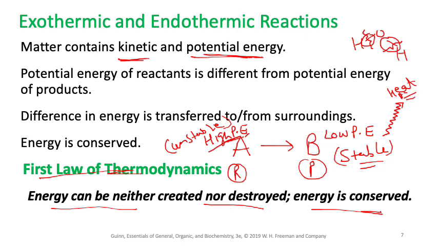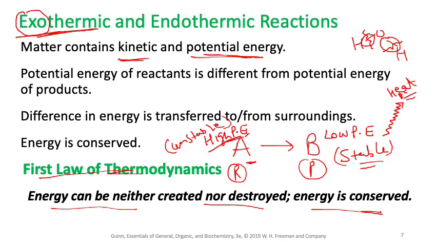If the energy is going into the environment in the form of heat, that means the environment is getting hotter. A reaction that releases energy to the environment so that it can get stable, we call an exothermic reaction. Exo means outside. The extra energy that molecule A had is going to the environment in the form of heat.